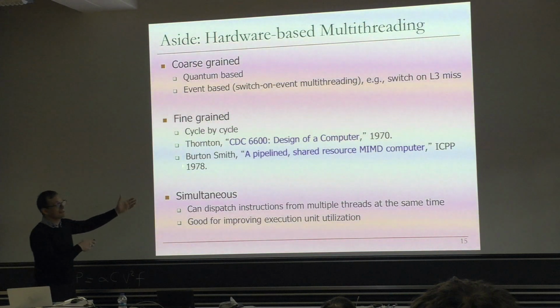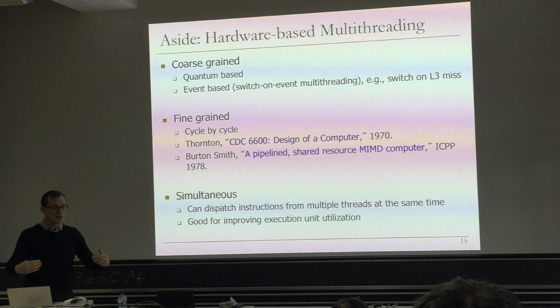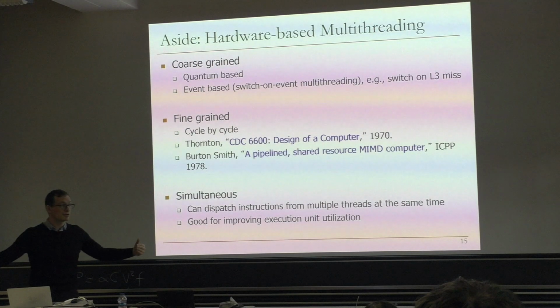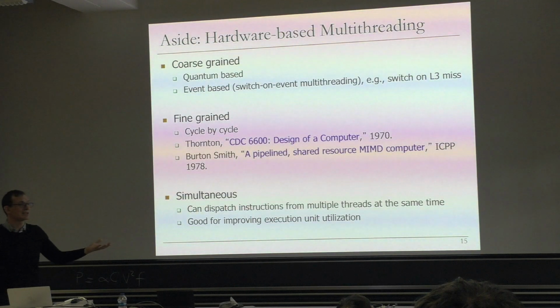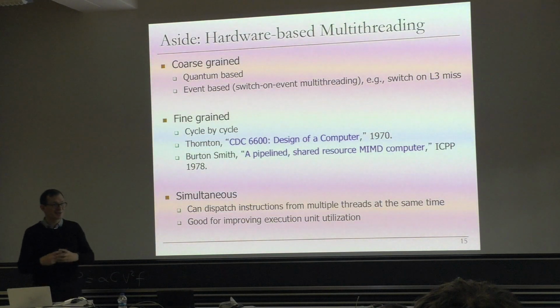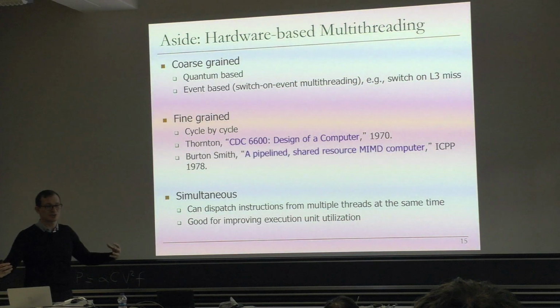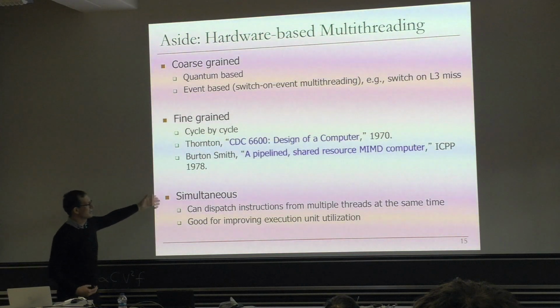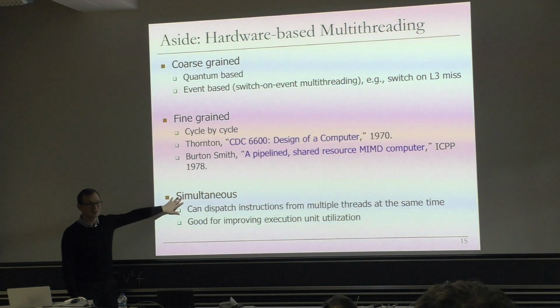Whereas in fine-grained multi-threading, you fetch from one thread, and that thread needs to utilize all of the functional units, right? If it doesn't, then you're really wasting some functional units. With simultaneous multi-threading, you can actually pack the threads' instructions nicely such that you don't waste functional unit utilization. That's the idea. A lot of existing general purpose processors are simultaneously multi-threaded.